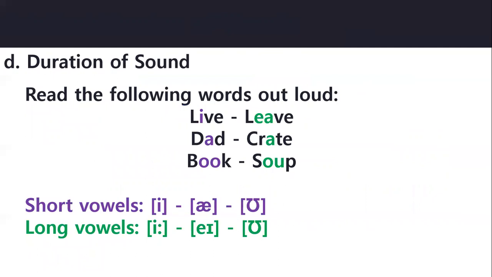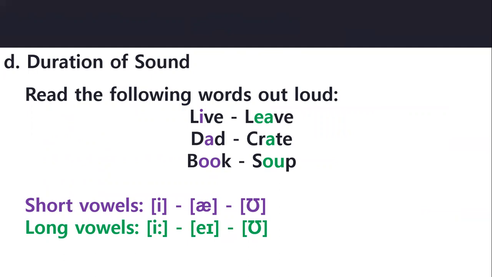In what concerns the duration of sound, we have the following words: live, leave, dad, crate, book, soup. Again, live, leave, dad, crate, book, soup. Notice that the highlighted vowels in violet, E, E, A in dad, and U in book, do not take that much time to be articulated.